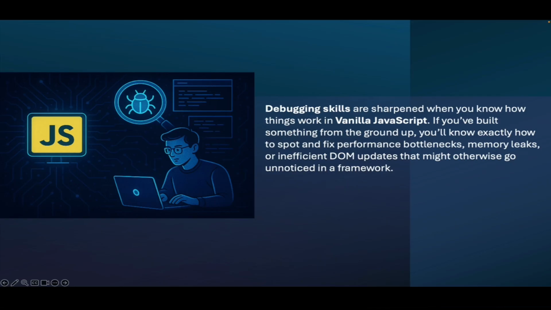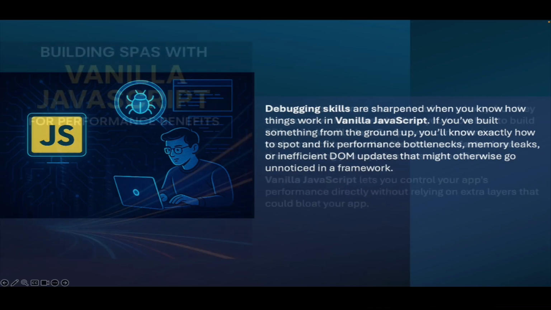Because when you build a single-page application from the ground up, like we are going to do in Season 2, you'll know exactly how to spot and fix performance bottlenecks, memory leaks, or inefficient DOM updates that might otherwise go unnoticed in a framework.